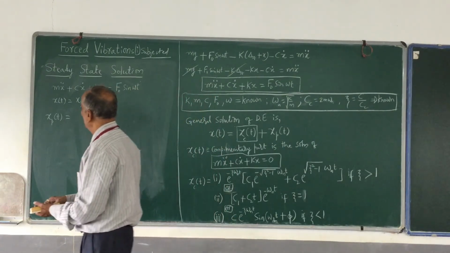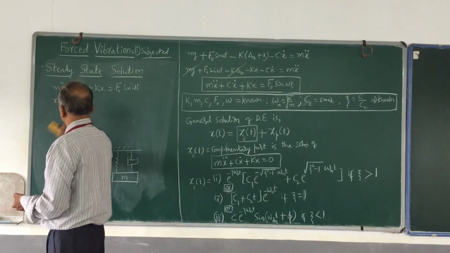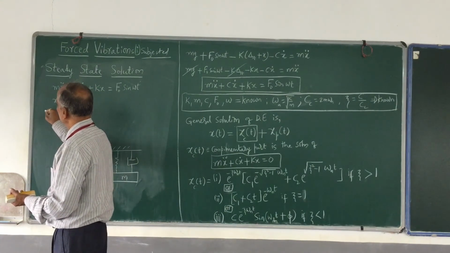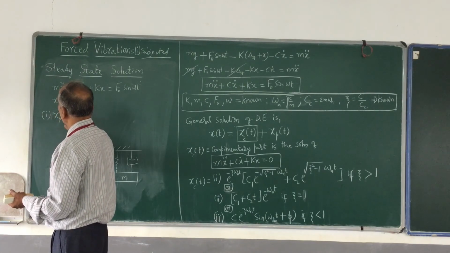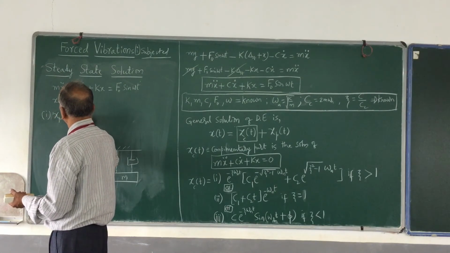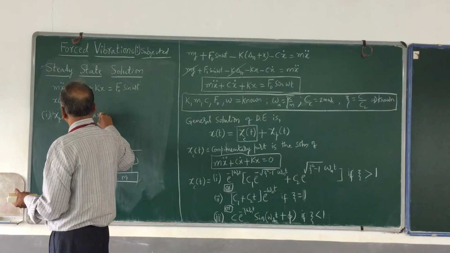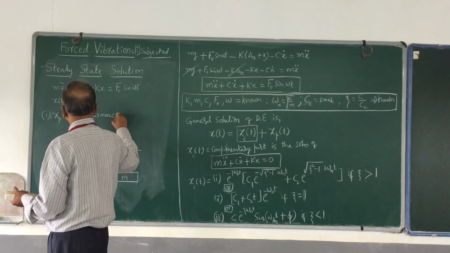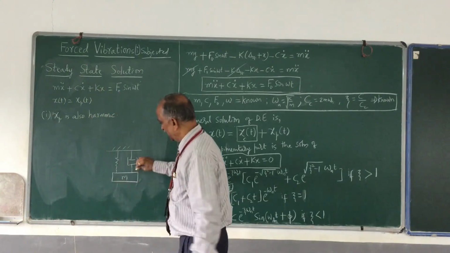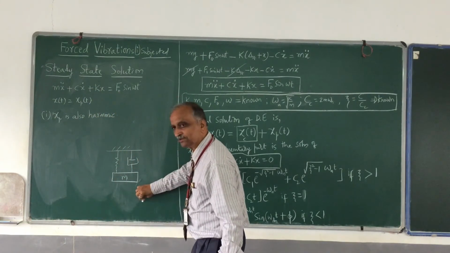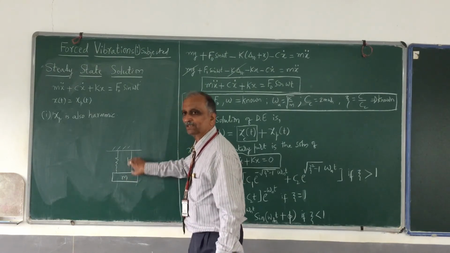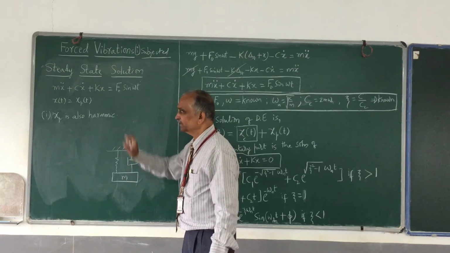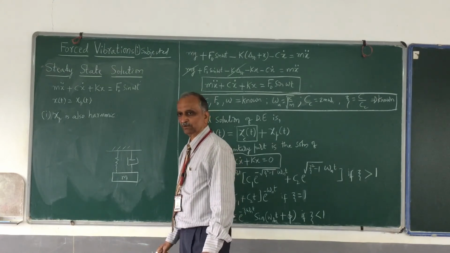The first thing I assume, logically, is that xp is also harmonic. This is the first logic I would like to apply. I am applying a force which is sometimes this way, sometimes this way. That is why the displacement is sometimes this way, sometimes this way. So therefore, the displacement is also harmonic.